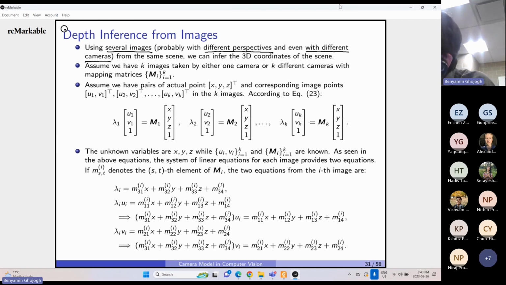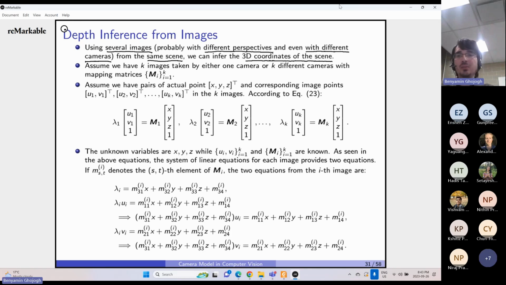It must be from the same scene. Then we can infer the 3D coordinates of the scene. It's very interesting, right? What do I mean? By a bunch of 2D images of some 3D object, you can find out the coordinates of that 3D object. It's like a miracle, like magic.